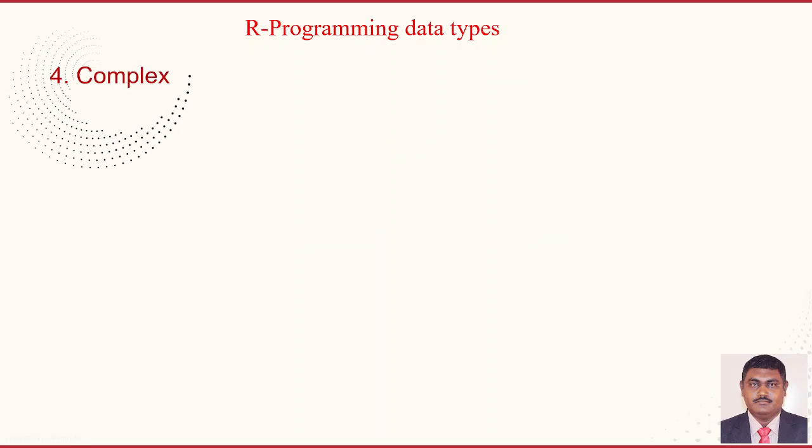Next, complex data. This data type is used to store complex numbers which have a real and an imaginary part. When the numbers have real and imaginary parts, you can use this complex data type. Now let us see a simple input: x tends to 9i plus 3. Here 3 is the real part and 9 is the imaginary part.